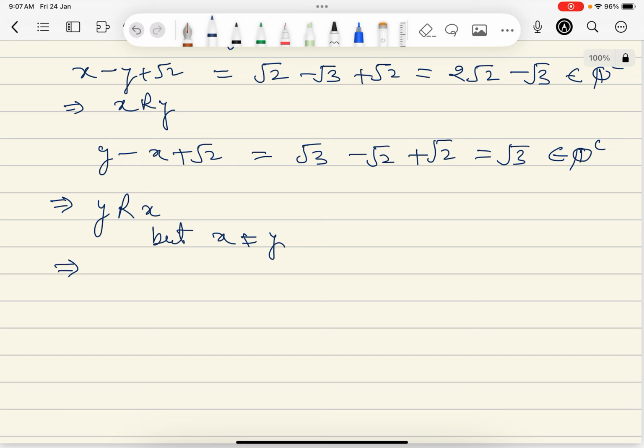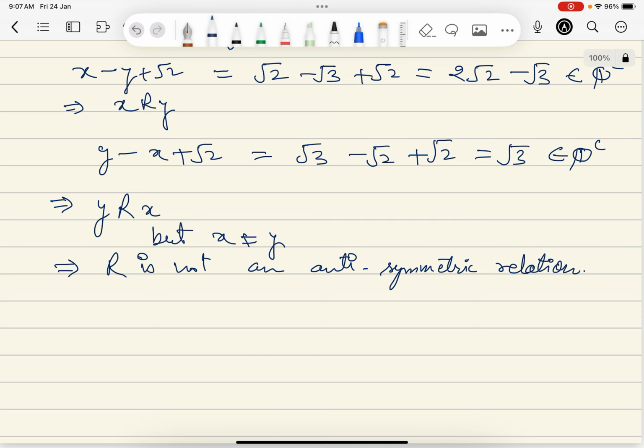This implies R is not an anti-symmetric relation.